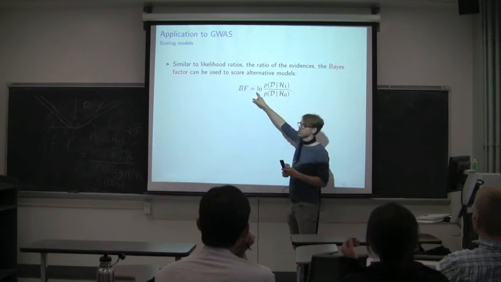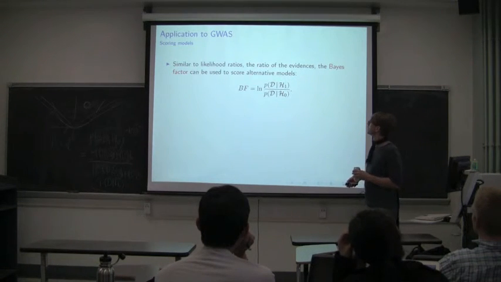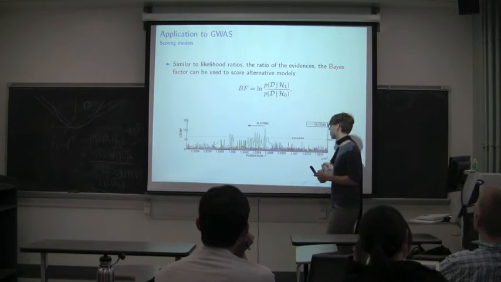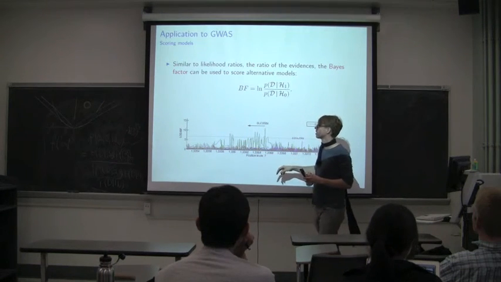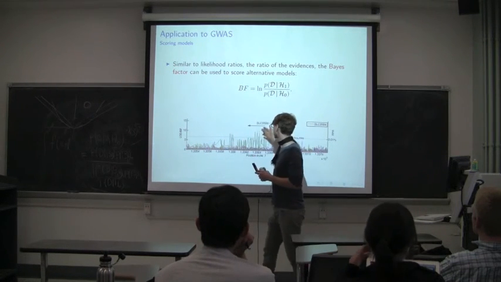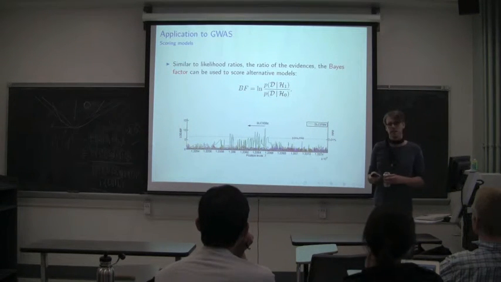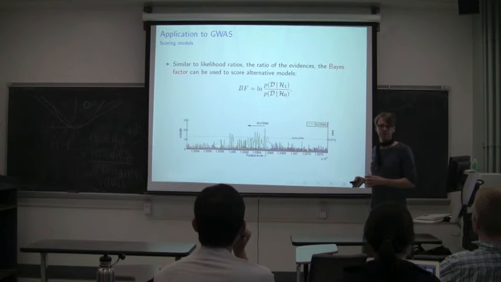So the log ratio can go both positive as well as negative. And we can then, for example, compute that for every SNP, and plot the Bayes factor for each SNP, and we get basically a Manhattan plot, which is similar to the plot of the log p-values before.